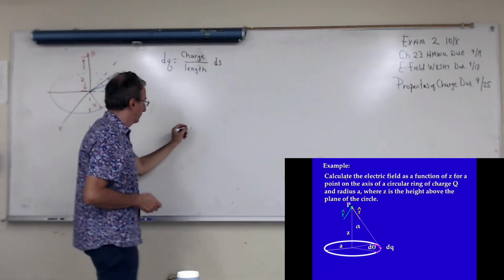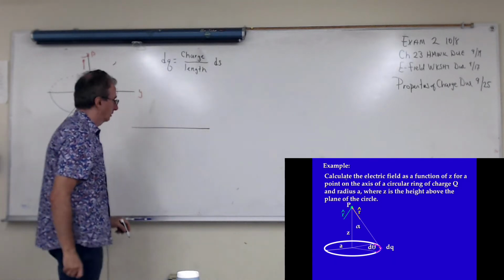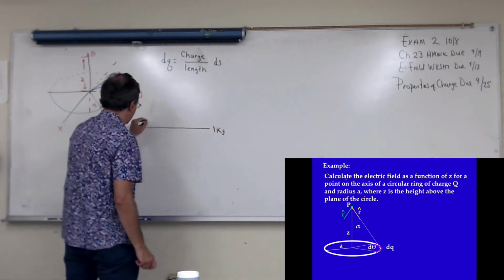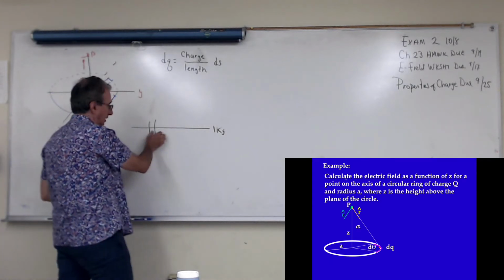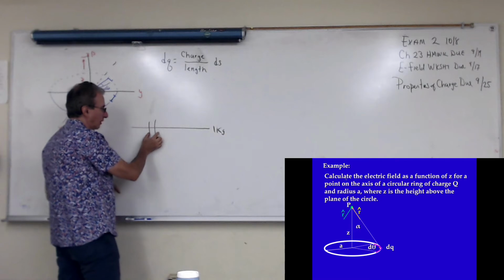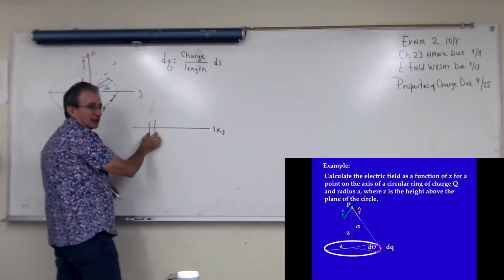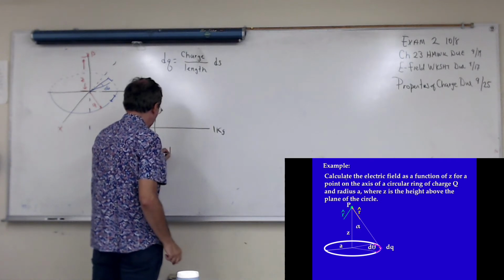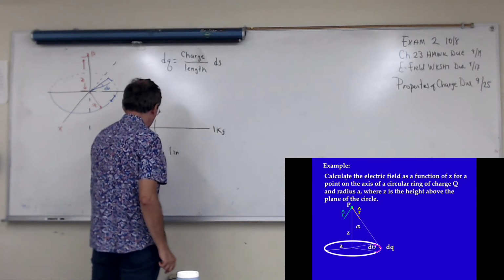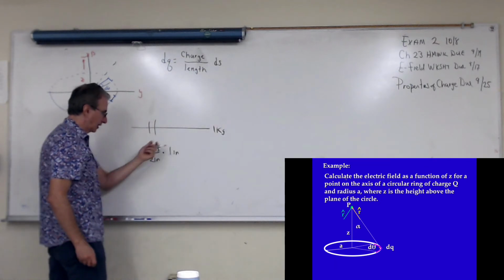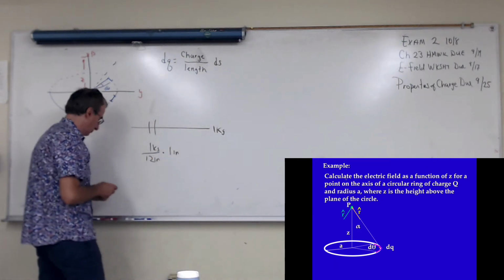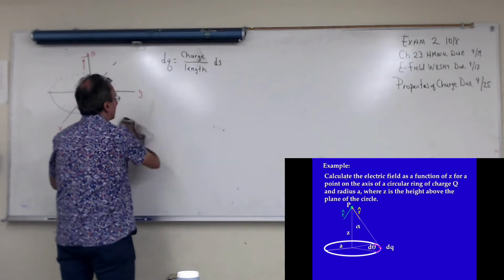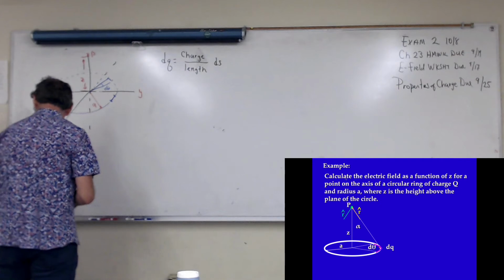If I have a rod that's 1 kilogram and the rod's 1 foot long, and I want to know the mass of a piece that's 1 inch, then I take 1 kilogram divided by 12 times 1 inch. That gives me the mass: 1/12 of a kilogram. So I'm doing the same thing here. The charge per unit length times the length of the element gives me the amount of charge in this piece.